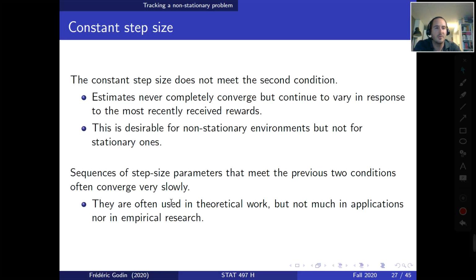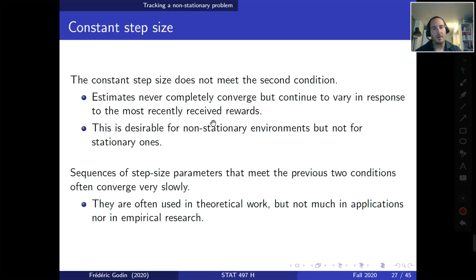So they're used in theoretical work, but in applications and in empirical research, step size sequences typically don't meet the previous two conditions. Although it guarantees convergence, people don't necessarily care to use them, and they are fine with using step size sequences which don't match these criteria.